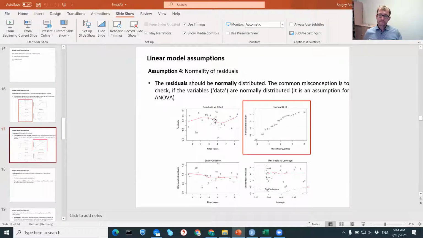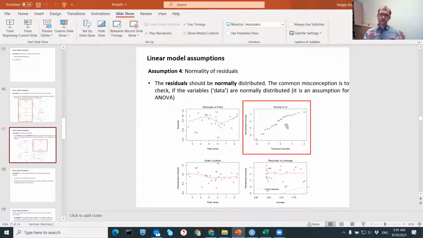Right, the fourth assumption, which is actually one of the most critical ones, is that the residuals should be normally distributed. There is this common misconception that the data, the predictors you use in your models, should be normally distributed, which is not true here. This is an assumption, but for ANOVA.